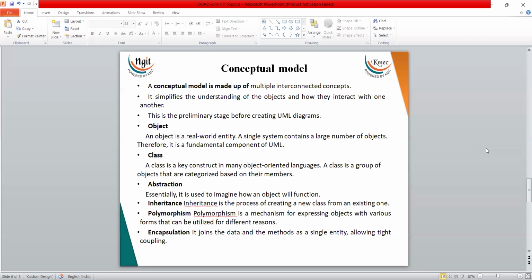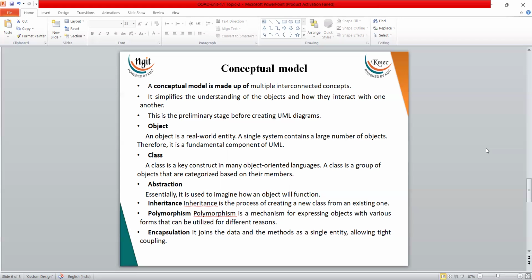Coming to the class. A class is a key constraint in many object-oriented languages. A class is a group of objects that are categorized based on their members. Abstraction. Essentially, it is used to imagine how an object will function. Inheritance.